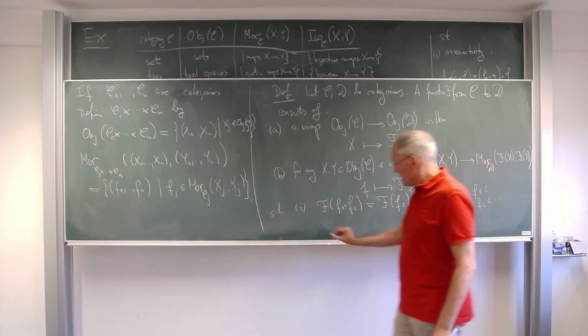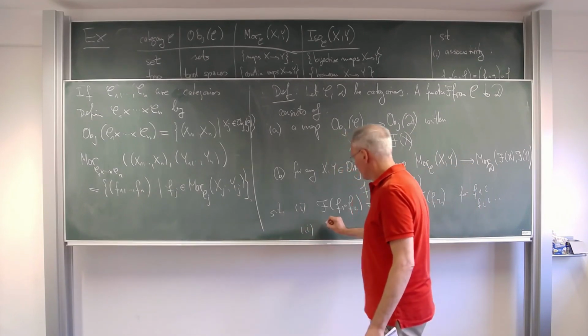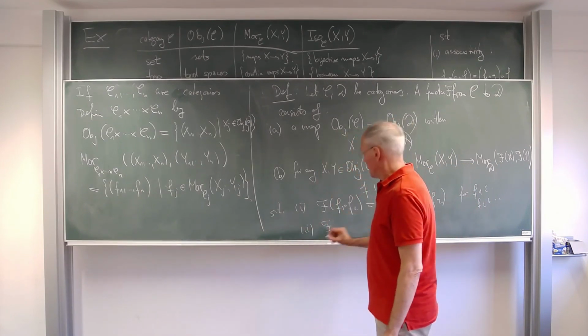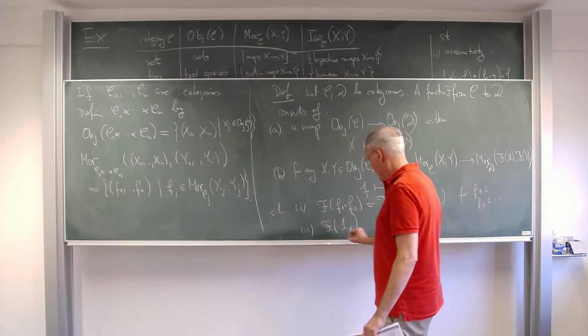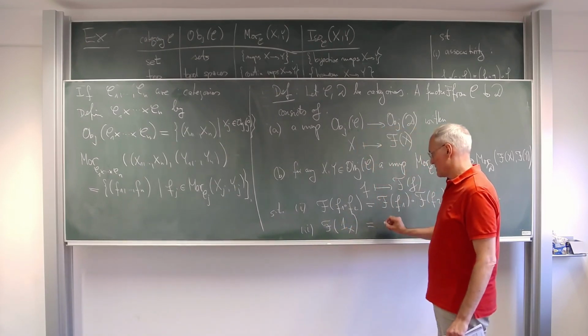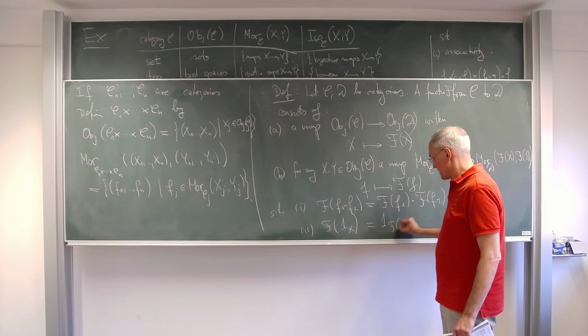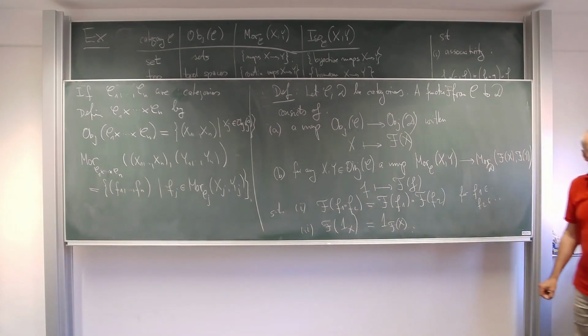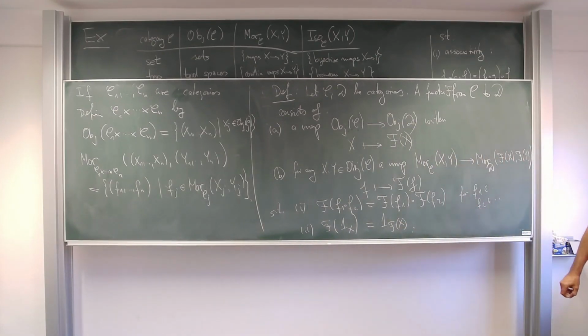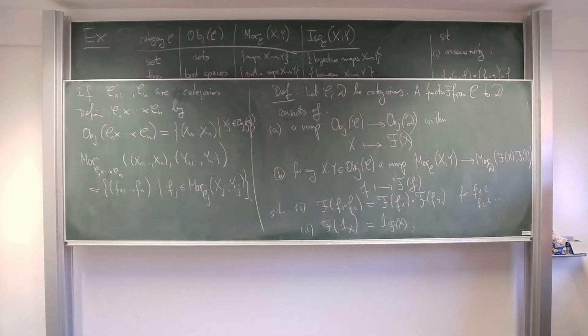And secondly, it preserves these one elements. The one element of x is mapped to the one element of F of x. So these are the conditions. That's a functor. So the functors set up relations between different categories. So let's look at examples.